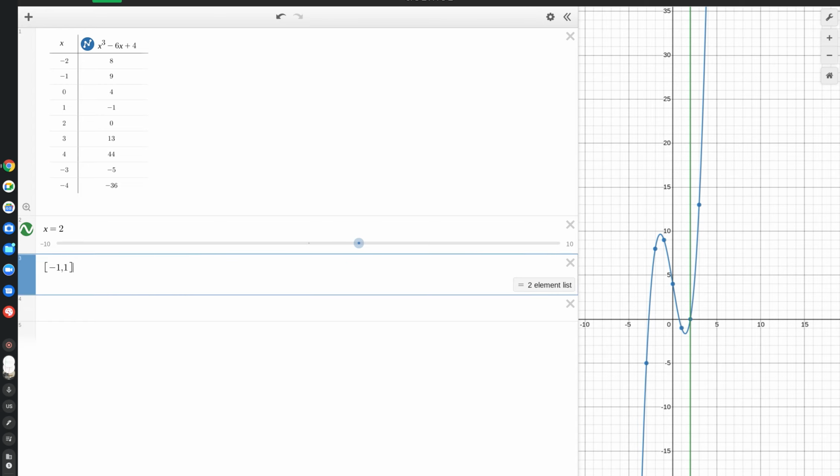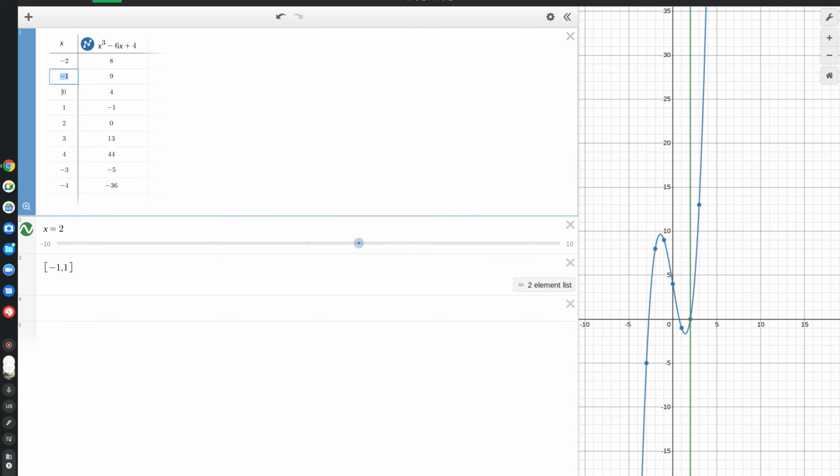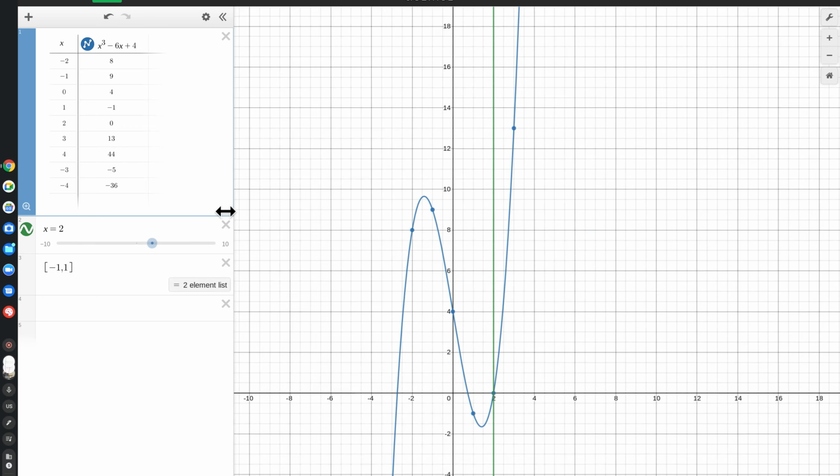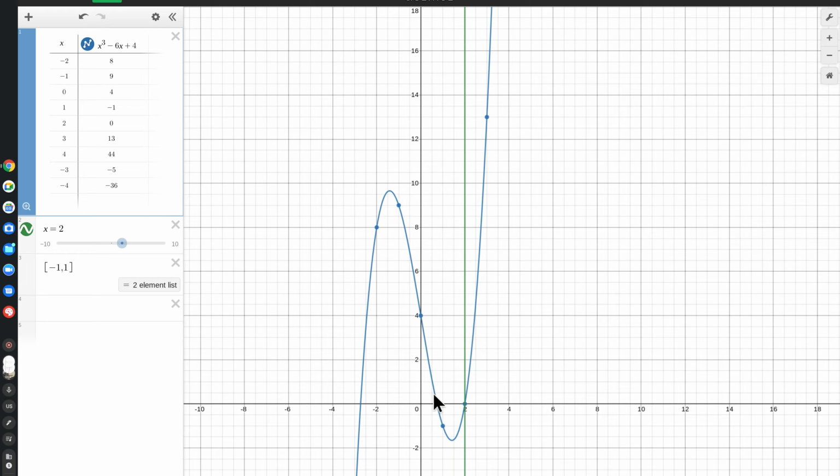Now, we have to find the functional values. We know those as well, 9 and -1. Because 0 is between 9 and -1, it works for IVT. And now we can say that there has to be some value c between -1 and 1 that ensures there's a 0 there.